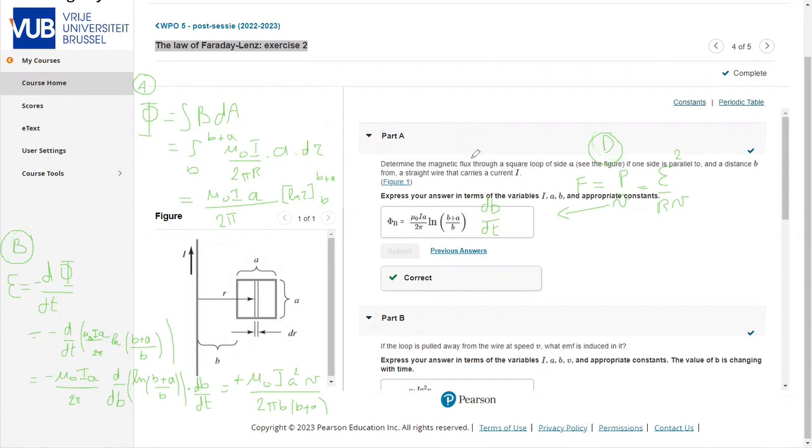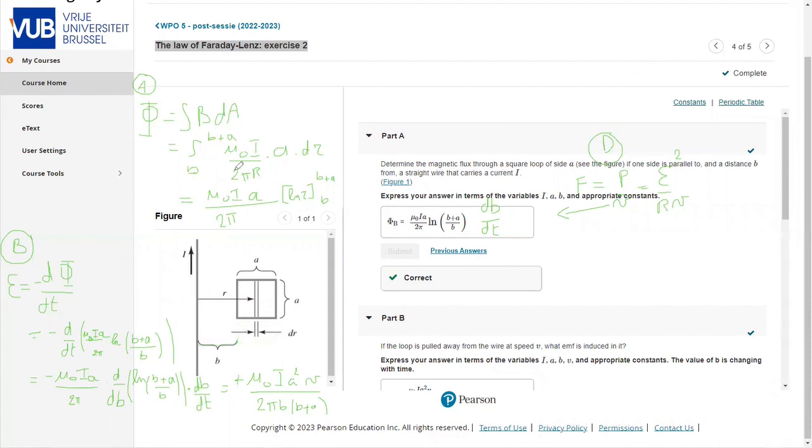So for part A, what I did is I use the magnetic flux, and you can see I just take the distance between this one and this one, and then B plus A from this one to this one.